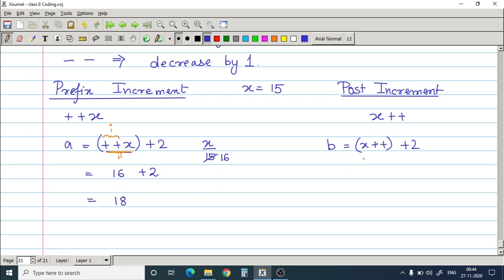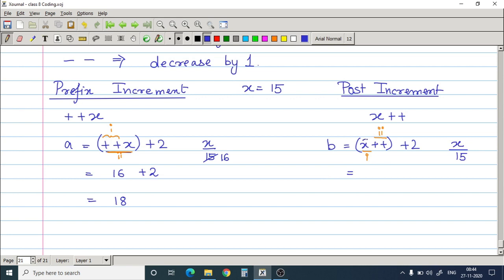But when it is postfix, you first substitute and then you increase. So if the same operation is done with the postfix increment, what will be the value of b? Because x is 15, first you substitute.